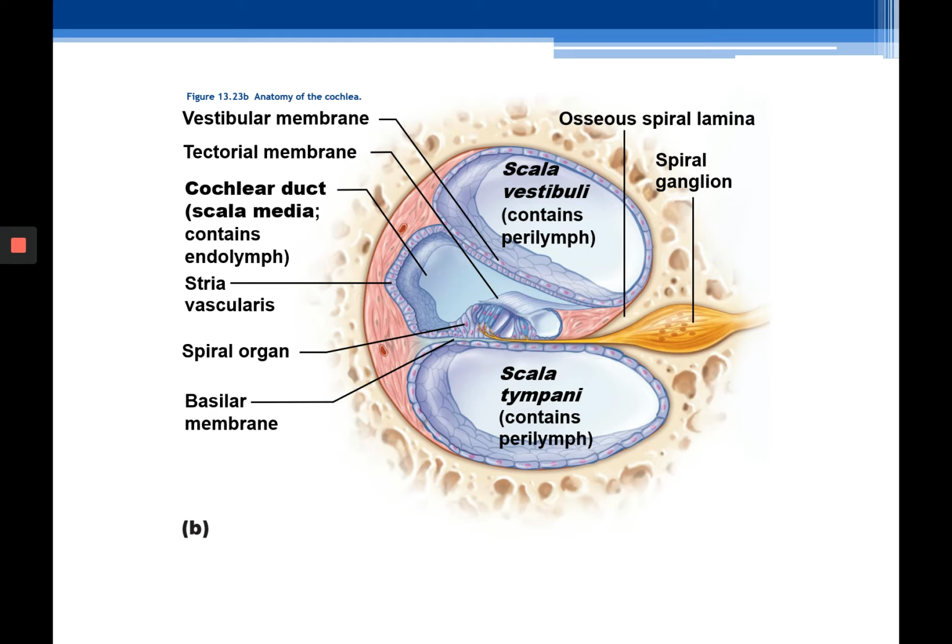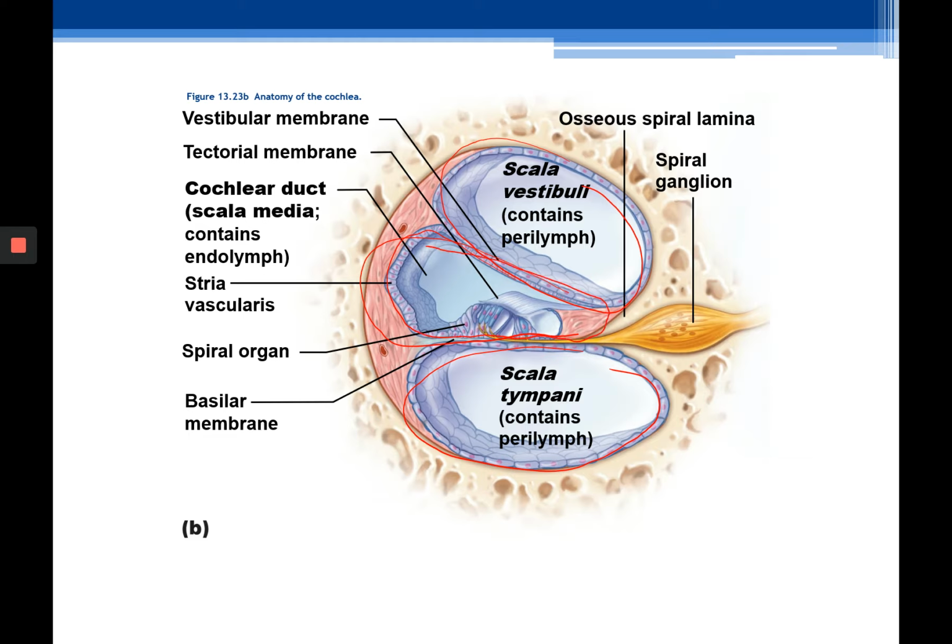So here we're looking at just one of those areas that have our 3 areas that contain fluid. So this is within the entire cochlea. In the middle layer is going to be our cochlear duct.